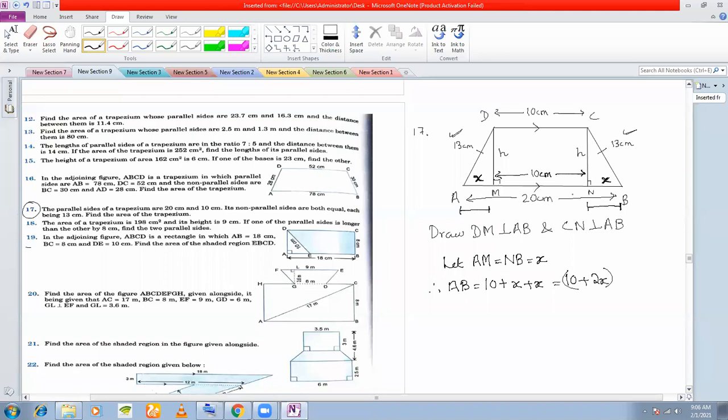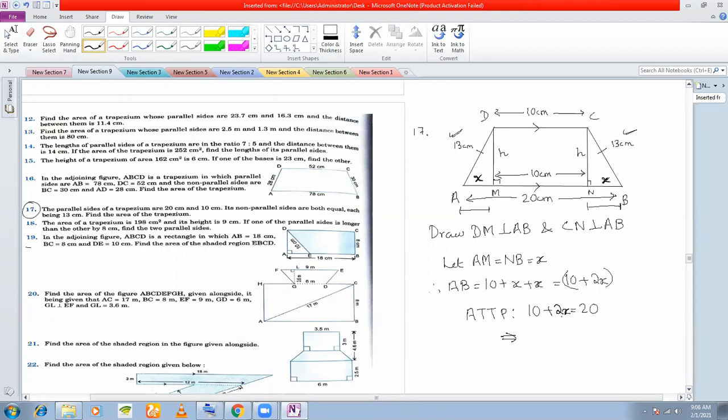But what is the length of AB given to you? Length of AB is given to you as 20 centimeters. Therefore, 10 plus 2x must be equal to 20 centimeters.